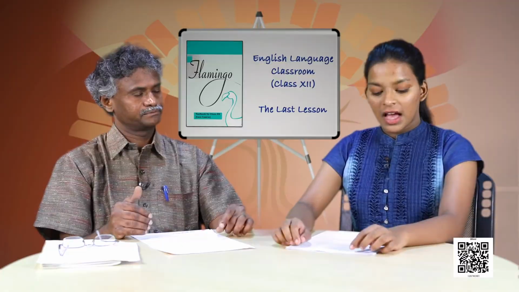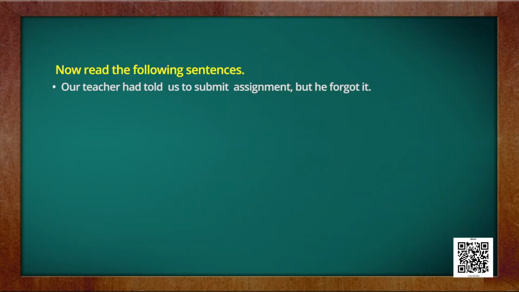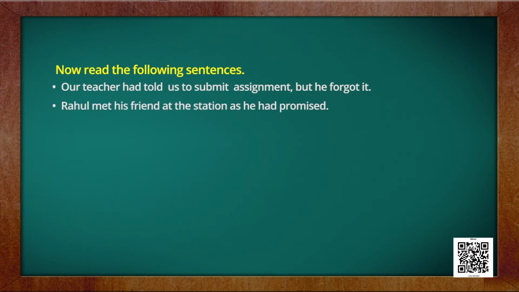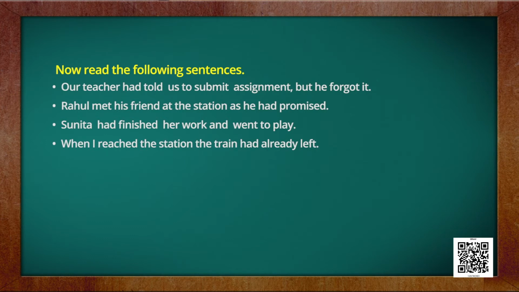Our teacher had told us to submit assignment, but he forgot it. Rahul met his friend at the station as he had promised. Sunita had finished her work and went to play. When I reached the station, the train had already left. When I finished the work, the teacher had already left.